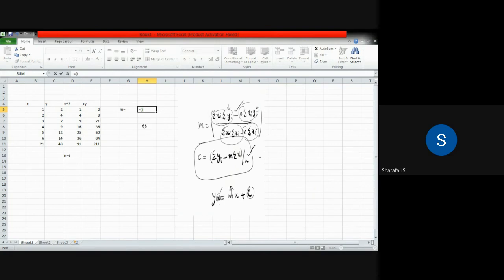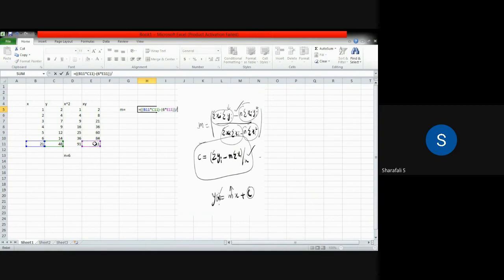Sigma xi into sigma yi, minus n, which is 6, multiplied with sigma xi yi. Use this bracket here also. Sigma xi yi is the sum of the product xi yi, that is this one.